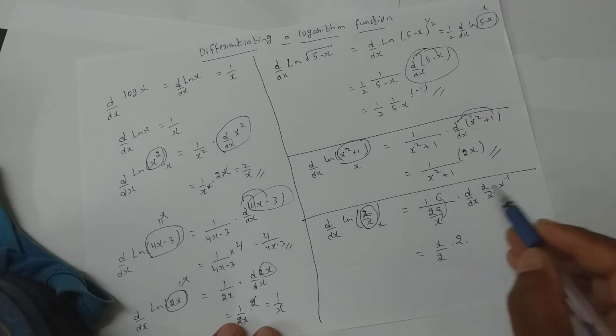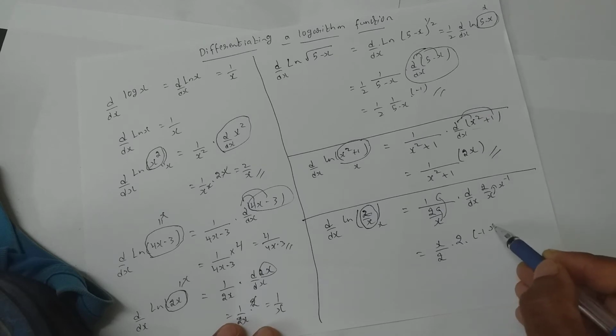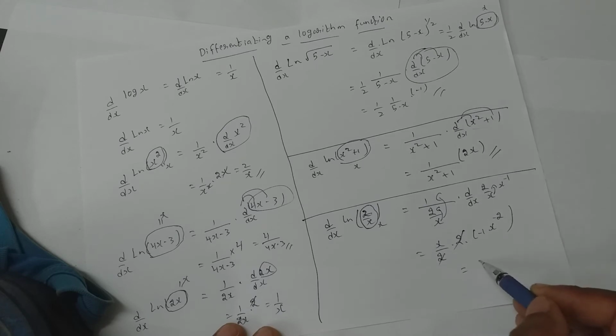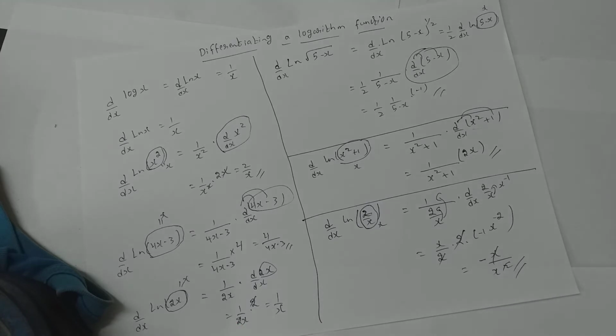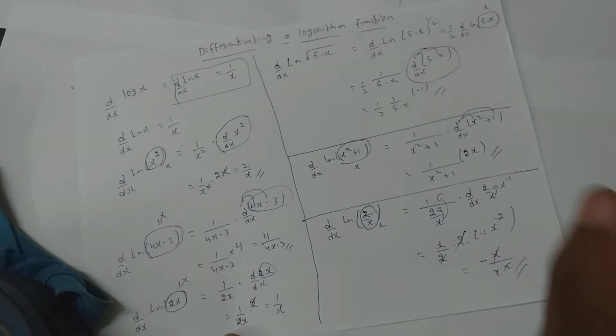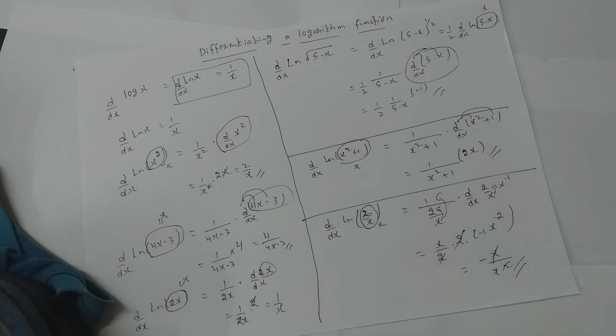This 2 has come out. Minus 1 into x power minus 1 is minus 2. So it becomes minus x by x square. So this is the answer. Am I clear? The formula is simple enough, but that internal differentiation is where students go wrong. Am I clear so far?